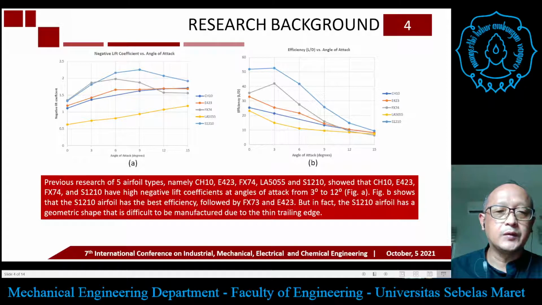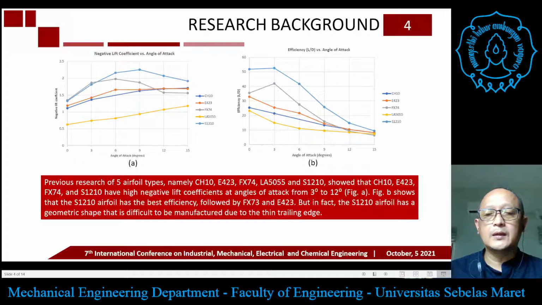For the types of airfoil for the rear wing, we studied previous research of 5 airfoil types. There are GH10, E423, FX74, LA5055, and S1210.